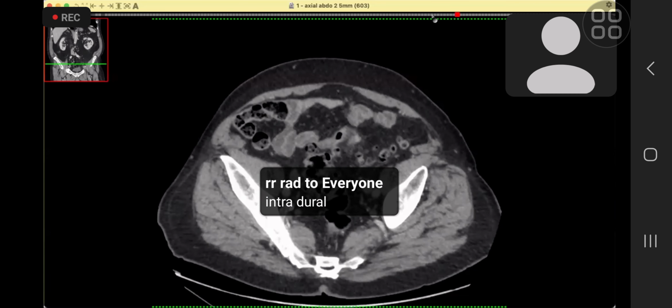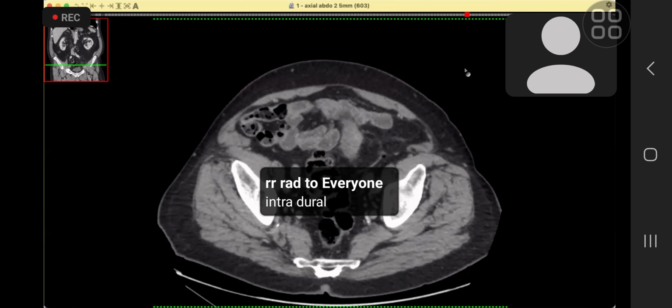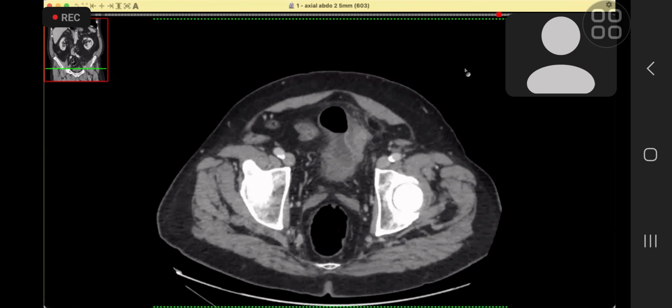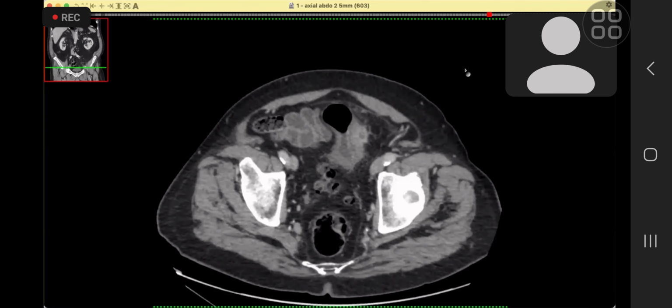I'm just trying to determine what structure it is, whether it's within the bowel or within the urinary bladder.